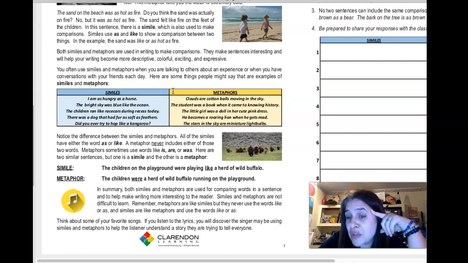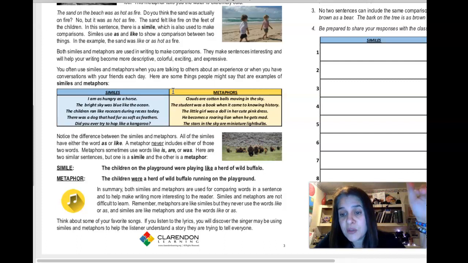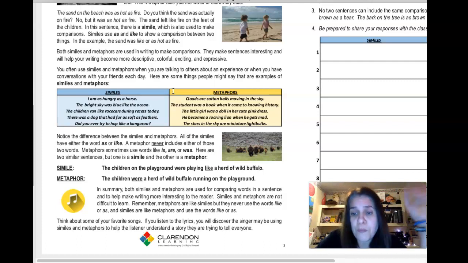So I challenge you, even if you don't write it down, next time you listen to your favorite song, whatever method you're listening to these days, I dare you to not find similes and metaphors in your songs because they're all over.